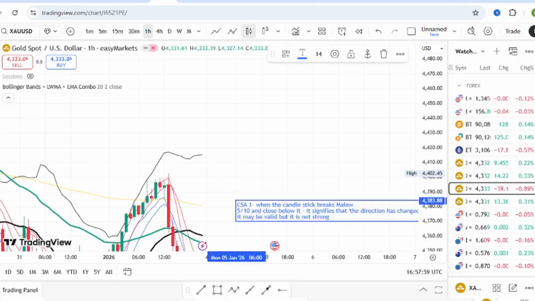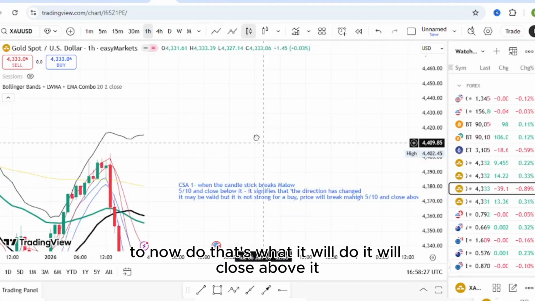For a buy, the price will break, let me use the word break, my high 5 and 10 and close above it. That's what it will do, it will close above it.